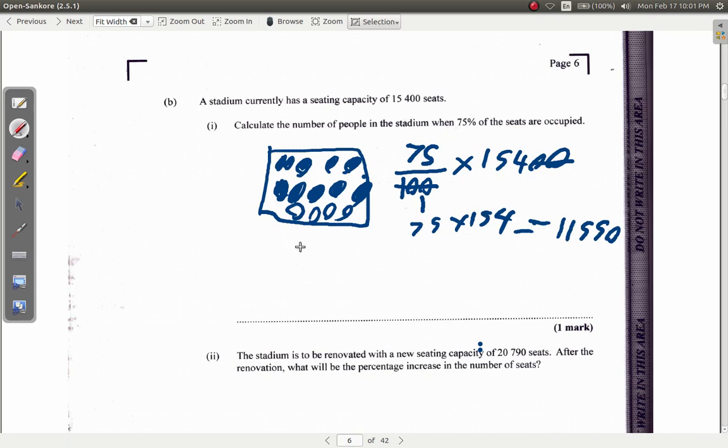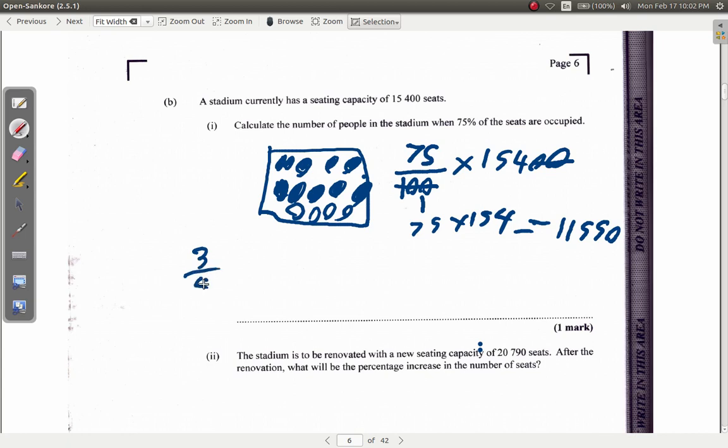There's another way you could do it. You could also consider that if 75% are occupied, then 25% are empty. Then you could use 25 out of 100 by 15,400, and subtract that number from 15,400 to get those seated. Yet another way is to use fractions. You know 75% means 3/4.